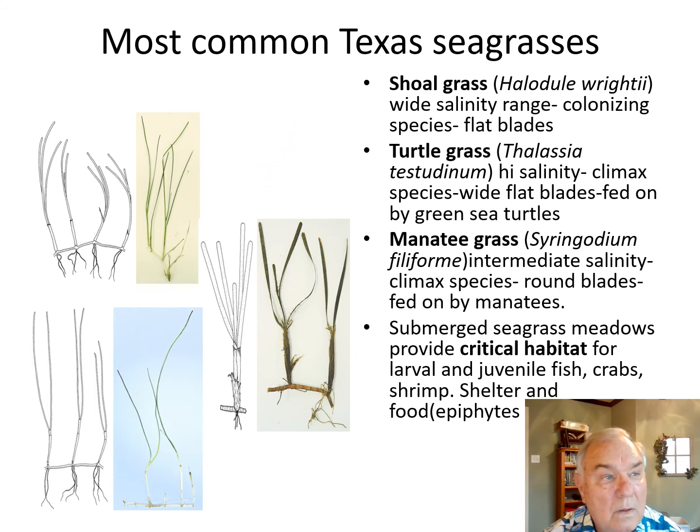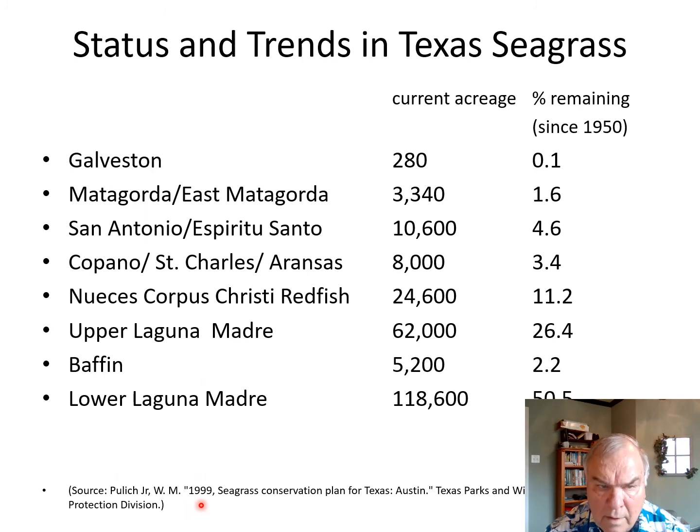So you can see from this slide that the seagrasses in Texas aren't doing real well. This shows the percent of seagrass acreage that's remaining. This is from a 1999 paper, so since 1950, about 50 years. You see the most developed part of the Texas coast bordering an estuary, up in the Galveston area, we only have a tenth of a percent of the seagrasses that were there back in 1950.